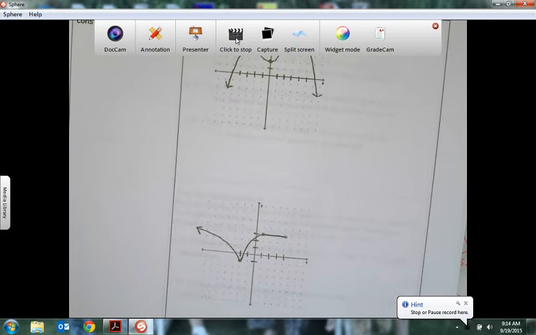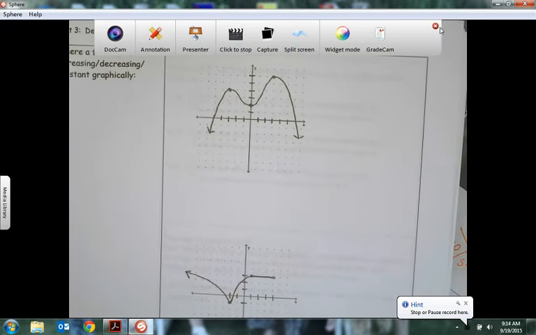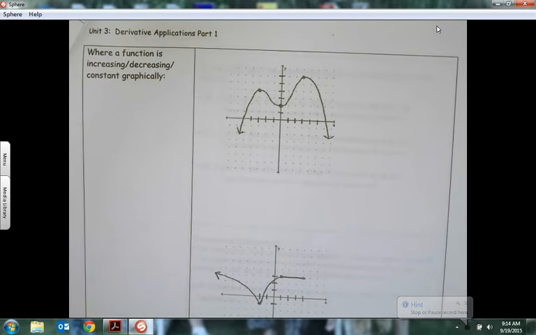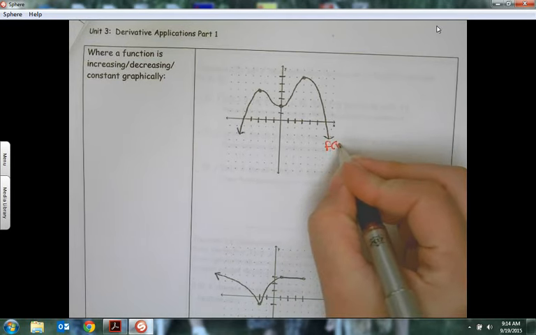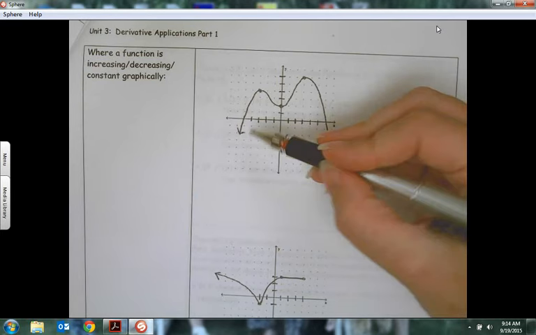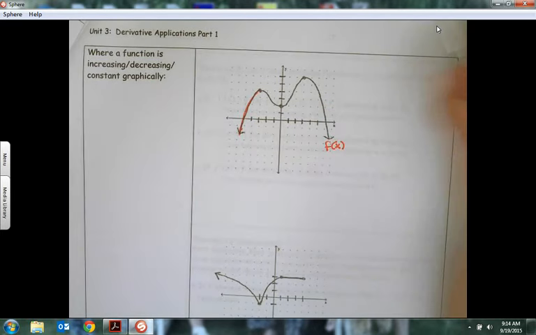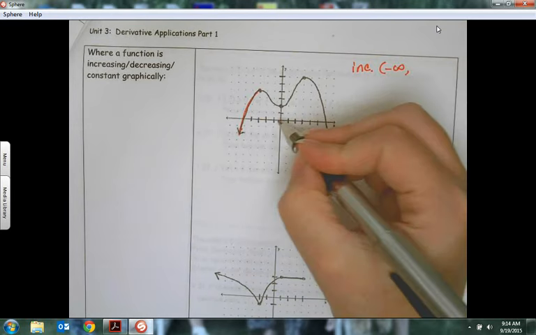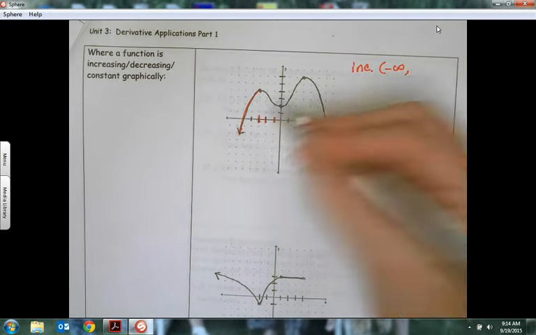Okay, so let's look at this graph going on. And let's just determine where this function is increasing or decreasing, just so we understand what that means. So this is the function f of x. And here I can see that this function is increasing from negative infinity all the way until negative 3.